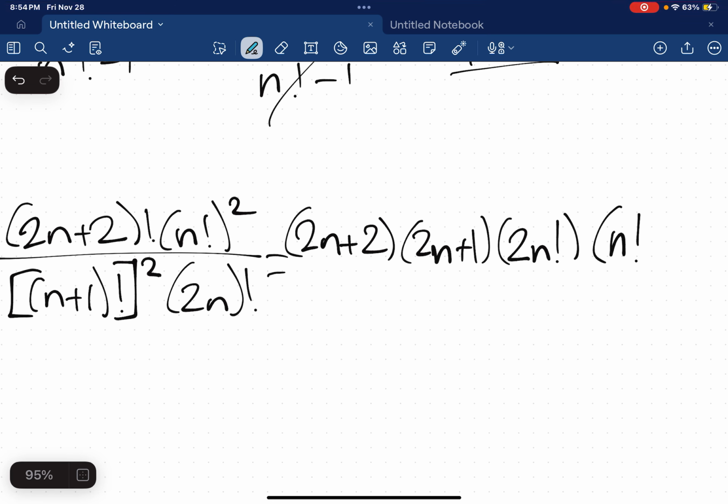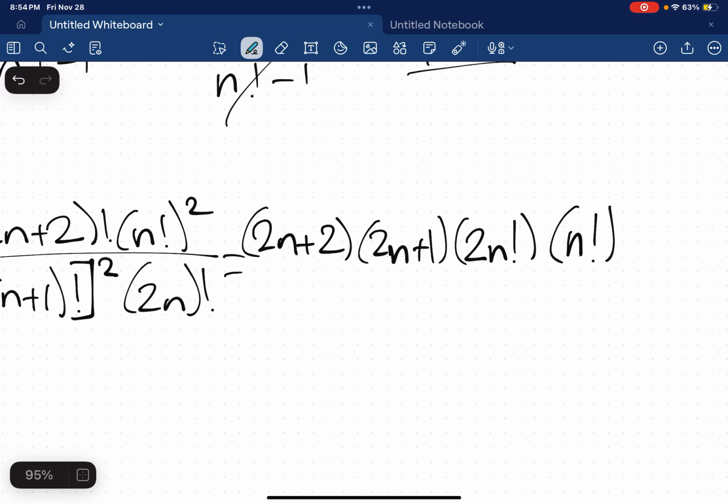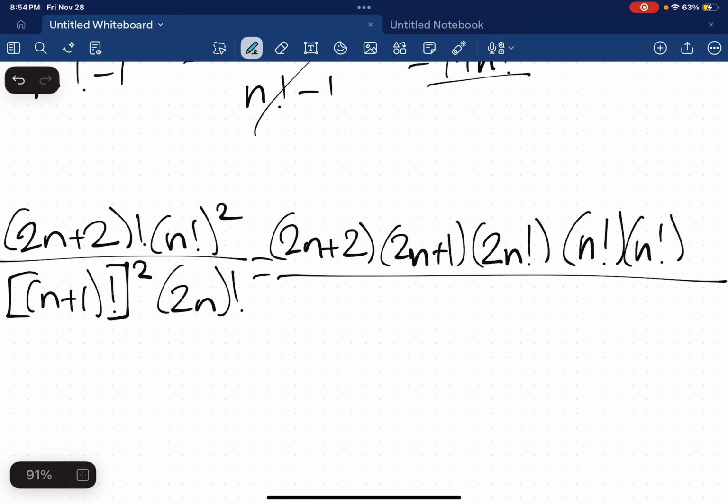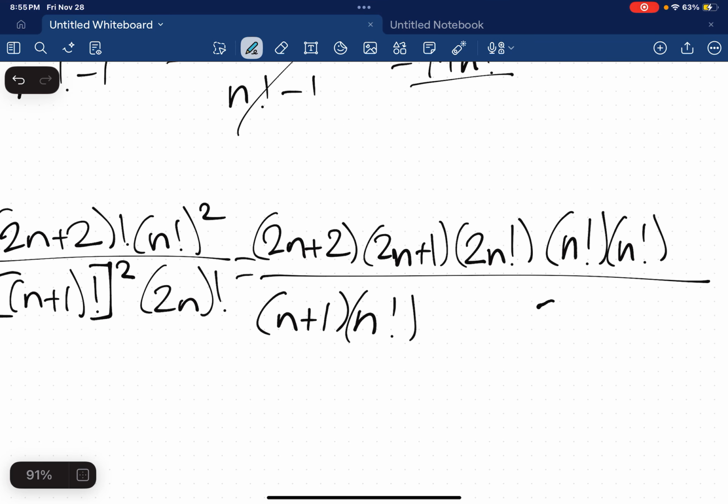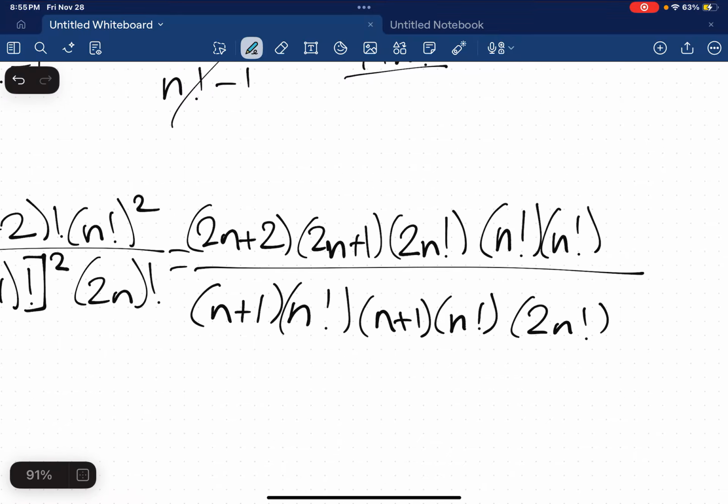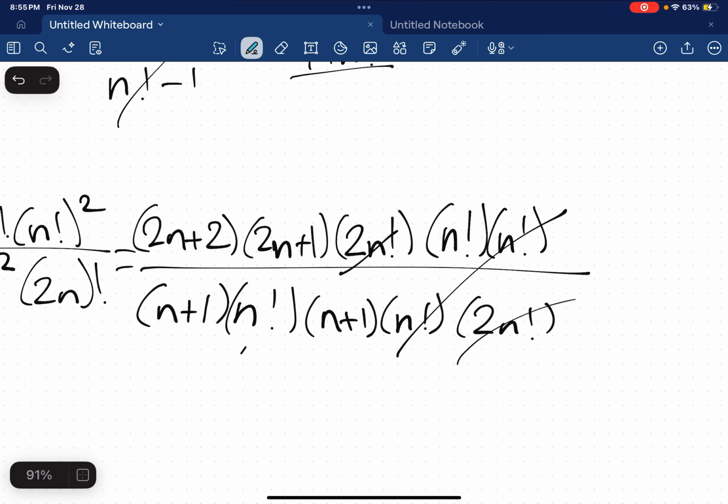N factorial, n factorial divided by (n plus 1) times n factorial times (n plus 1) times n factorial times (2n) factorial. Cancel out some terms here. Cancel these out.